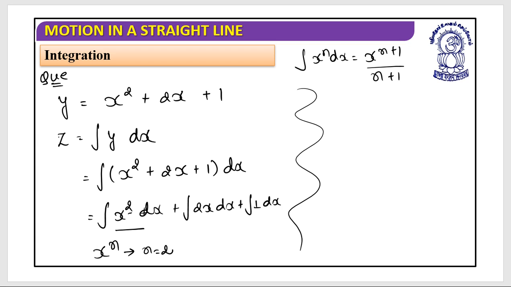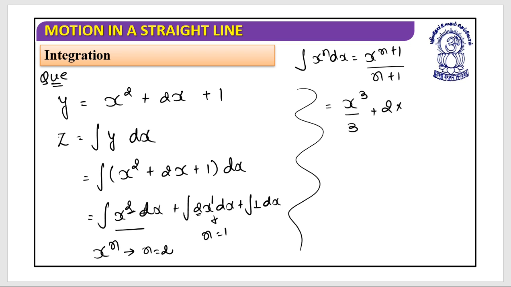So I need to increment my power by 1, and divide by the same number. Here n equals 2, so I can write x cube divided by 3, plus 2 is a constant, keep it aside, into x to the power 1. Now in this case n is equal to 1.